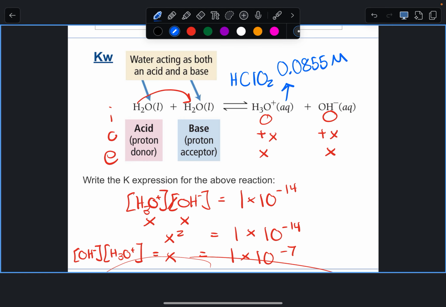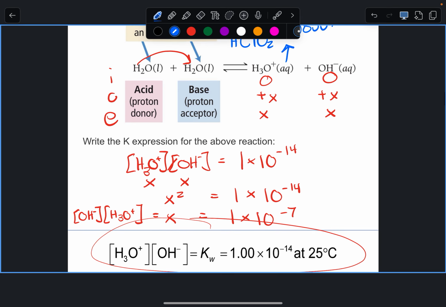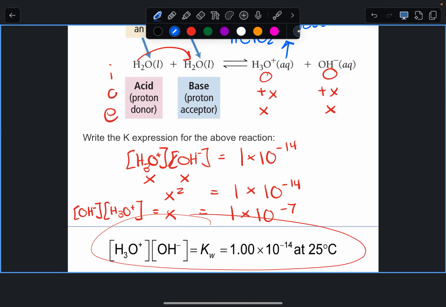Okay, so Le Chatelier's principle stands here. If I increase the H3O+, the reaction is going to go this way, meaning the OH minus will go down. So this relationship means that if one goes up, the other one has to go down.